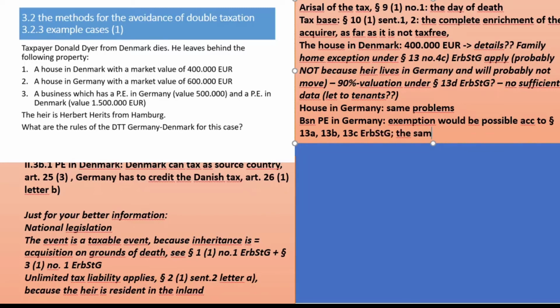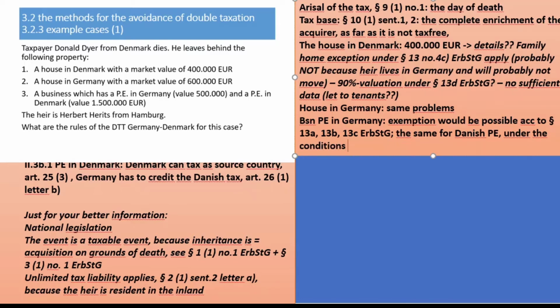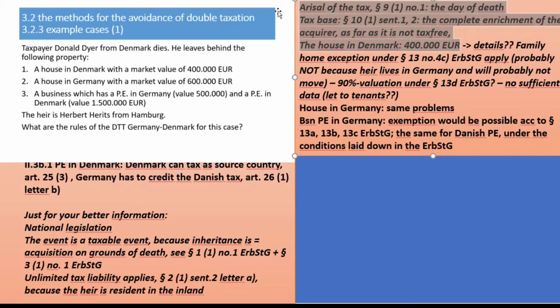The same applies for the Danish PE under the conditions laid down in the Erbschaftssteuergesetz. So also here we don't have additional data, which shows clearly that if a case was only designed for purposes of inheritance tax, and if the question is only please apply the rules for the double taxation treaty, then it makes no sense to try to do more.